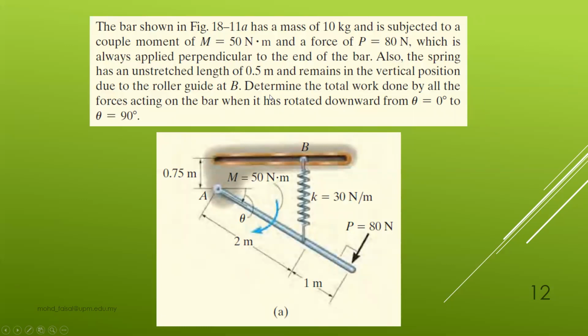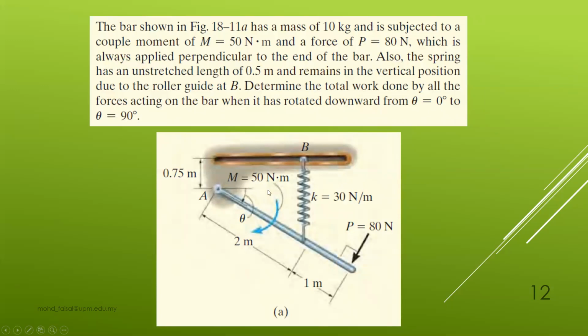Determine the total work done by all the forces acting on the bar when it has rotated downwards from theta equal to 0, which means that initially this particular bar is horizontal.